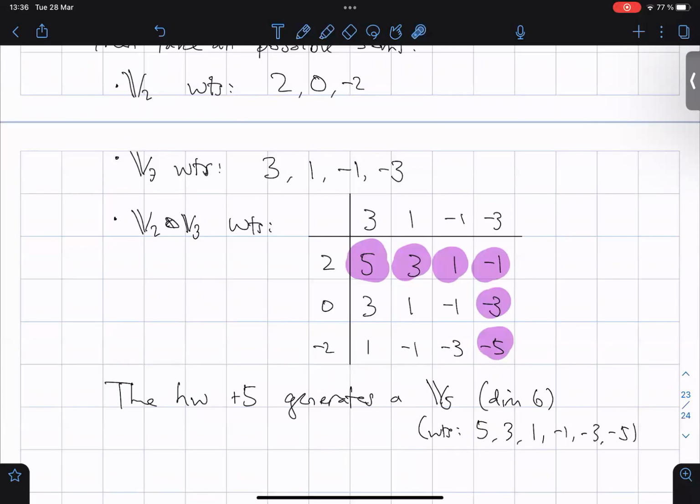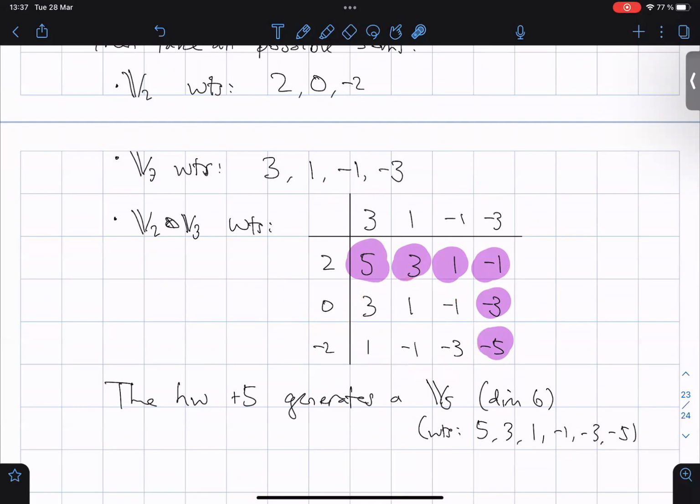Don't pay attention to the exact position; there is multiplicity here, right? You have a 3 and a 3 there. I'm just crossing off these eigenvalues as being used, as in they appear in this abstract V5. So what we're left with is what's over here.